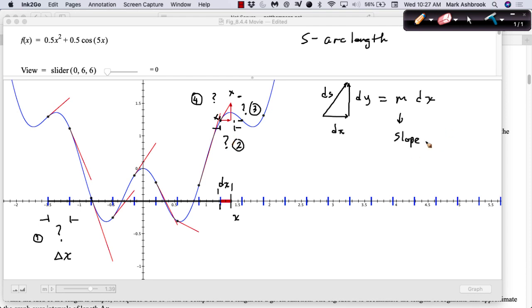So the slope is the rate of change of x. So this is our function f. So it's the rate of change of f, but we get it from the one at the beginning of the interval, the left side. So this dy is going to be the slope times dx.